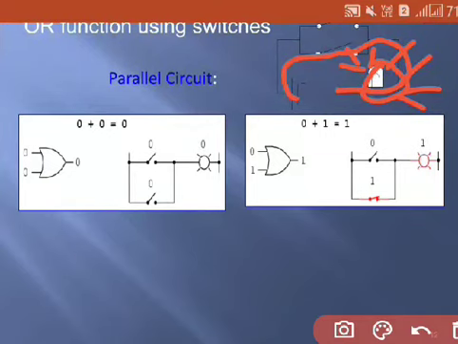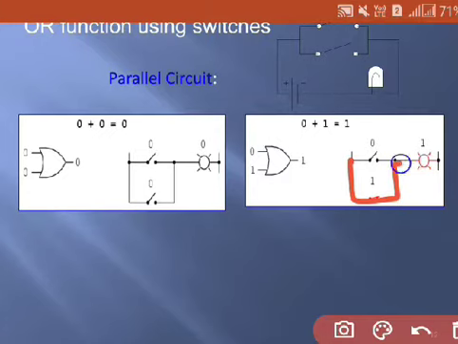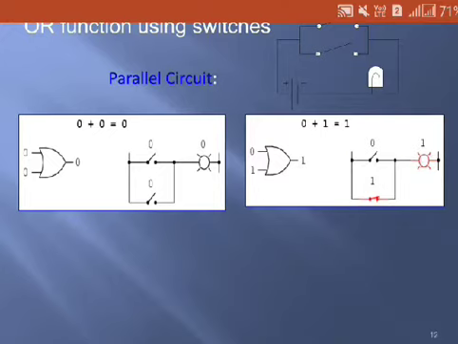You can assume the glowing of the lamp as logic 1. So for 0 plus 1, the output is equal to 1. Current will be flowing in this manner, so the lamp will glow. That's why the output is considered logic 1.